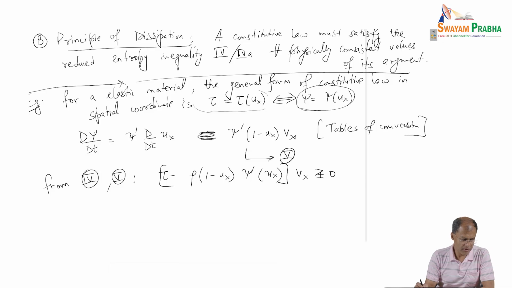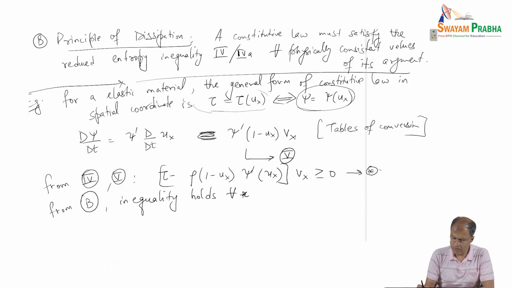From the principle of energy dissipation, we can say that this inequality, star, holds for all Vx. So from the principle of energy dissipation, we see that the inequality holds for all x, for all Vx, and we get that tau is rho times (1 minus ux) times psi prime ux.